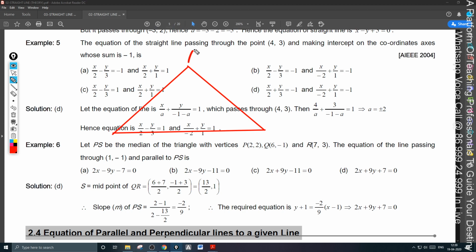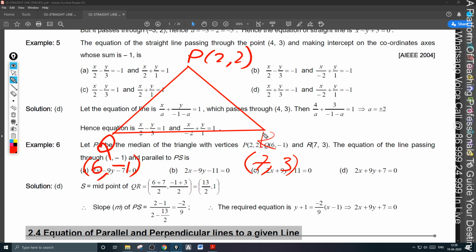P is 2, 2. And what is Q? 6, minus 1. And what is R? 7, 3.